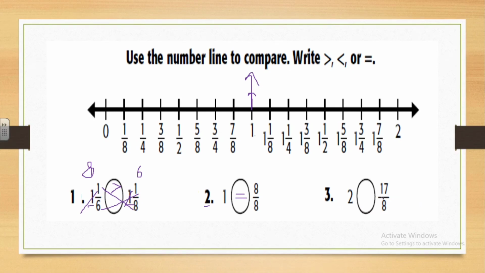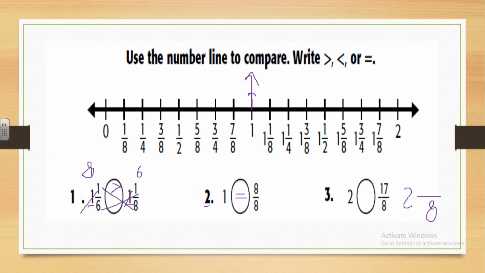We have 2 and the other side we have 17 over 8. We don't have here 17 over 8. So let's make it as a mixed number. Let's write 8 down and ask yourself, what times 8 is closer to 17? Great, I can hear one of you tell me 8 times 2 equals 16.